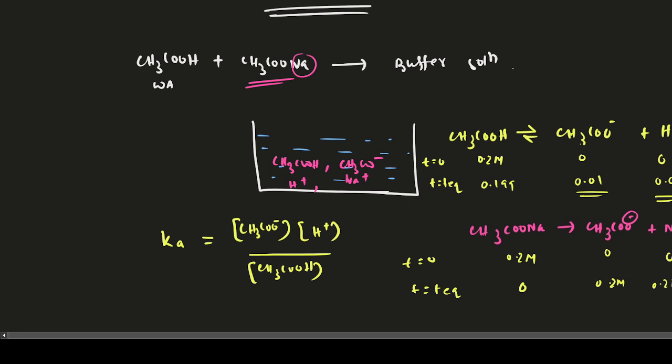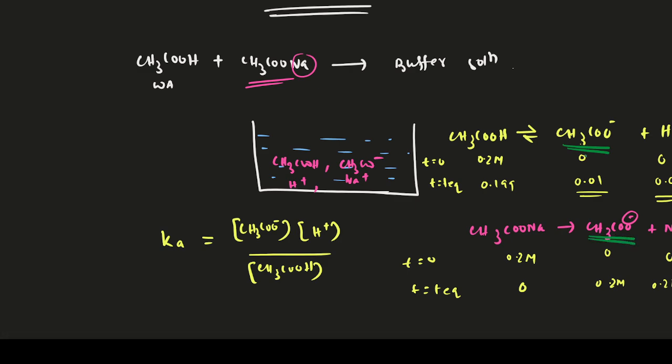And whenever it dissociates, this value is 0.01 molar here, and from the strong electrolyte also the same ion is there. So this is common. That is the application of the common ion effect, that the same anion is present, but this is at very low concentration, and this is at high concentration.